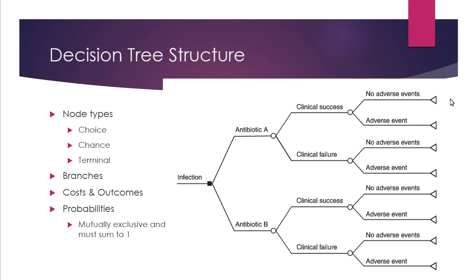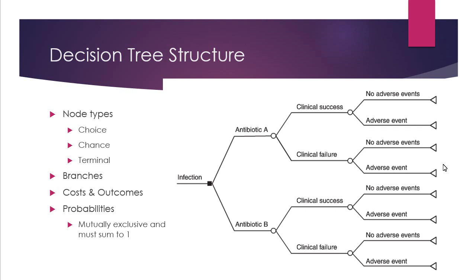If we're doing a cost utility analysis, the utility associated with that pathway would be higher, presumably, compared to a patient that achieved clinical success but experienced an adverse event, where the utility value would be lower. And likewise, patients that experience clinical failure, very likely they would have to be initiated on another antibiotic, and if those experience an adverse event, then the utility is even lower.